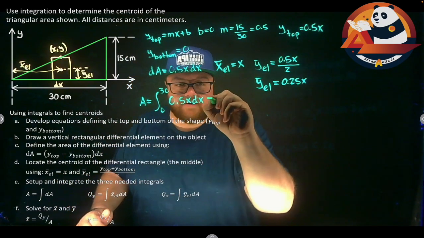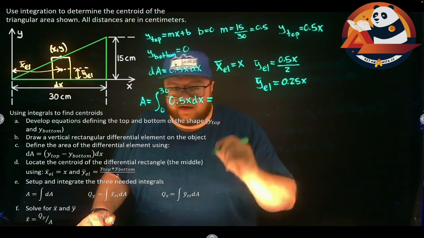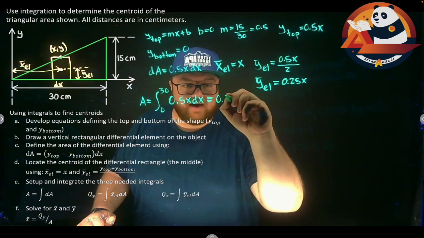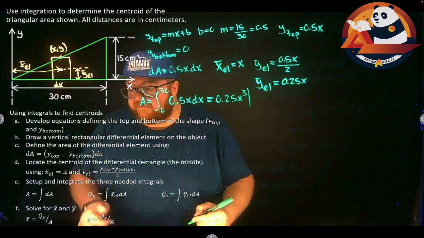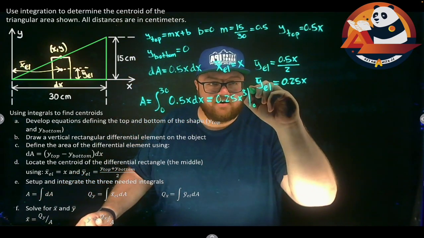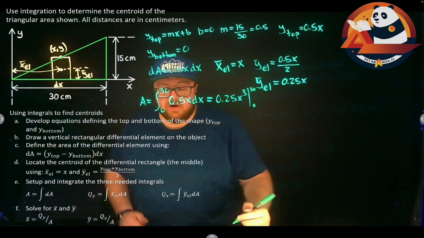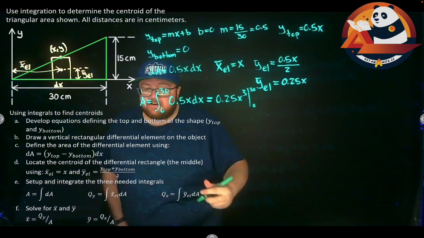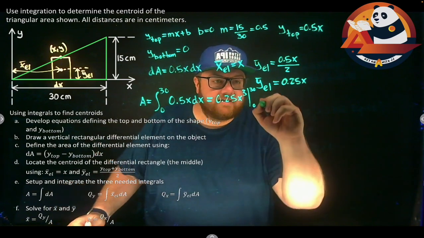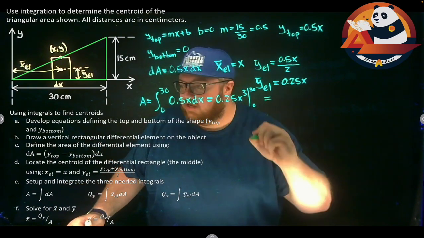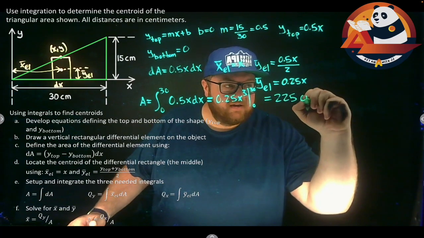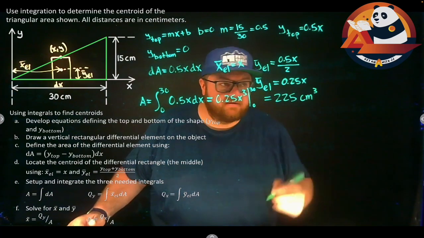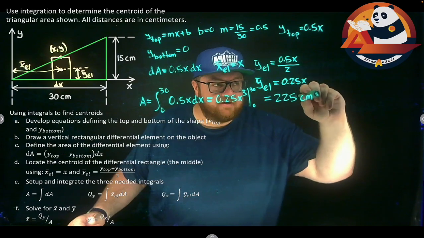Setting this up, I would get my integral is 0.25 x squared, and we'd evaluate that from 0 to 30. I have a definite integral in here. I would get out from this that my area is 225 centimeters squared.